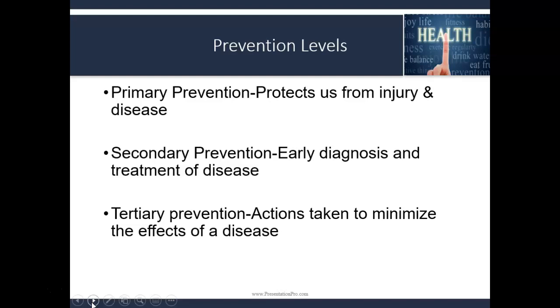What does early diagnosis look like when we're talking about cancer, diabetes, hypertension, and so forth? Similar with tertiary prevention. What are the actions that we take to minimize the spread of the disease once we know somebody has a diagnosis?